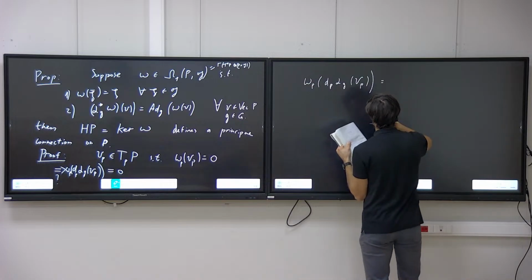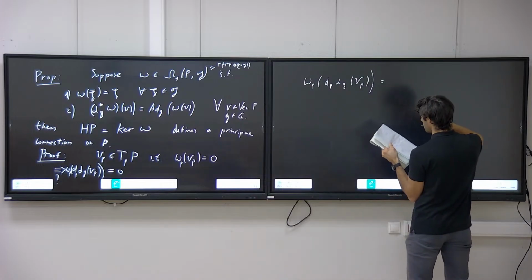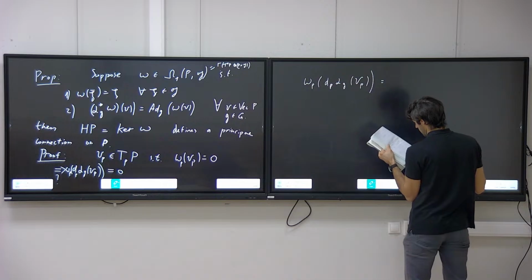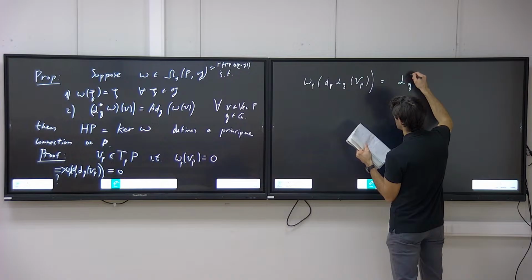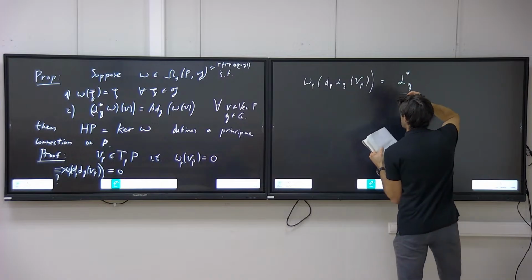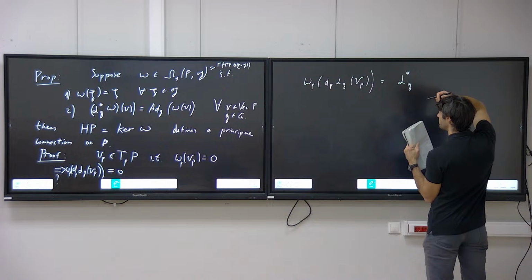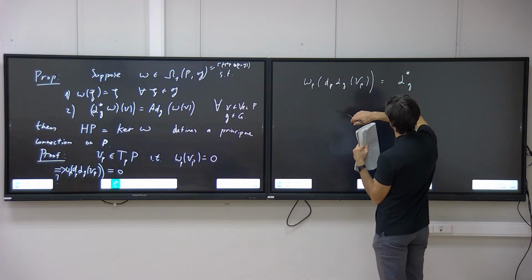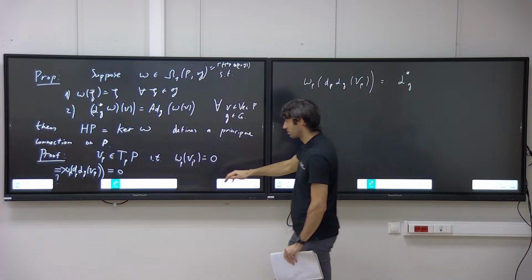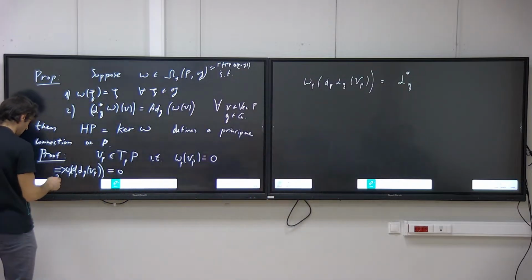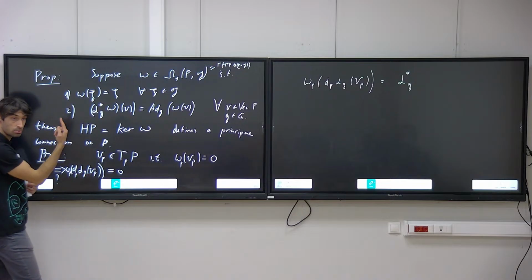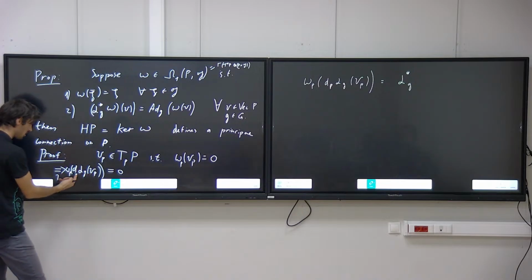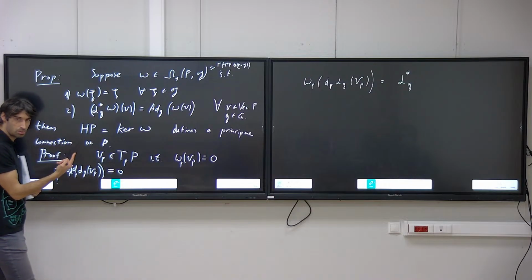This is the same as alpha G star. No, sorry, this one is a little bit not good because I take VP, a vector at point P. When I apply the differential, it becomes a vector at point PG, right?